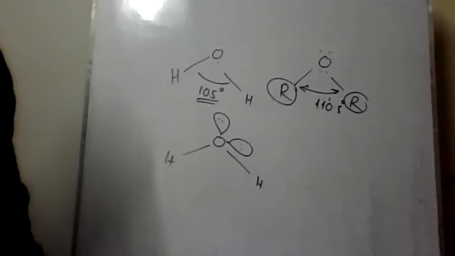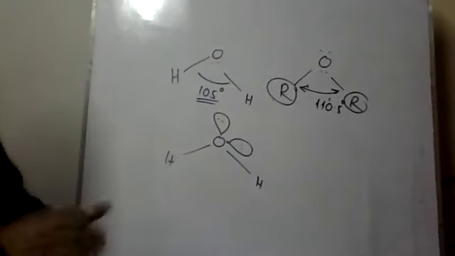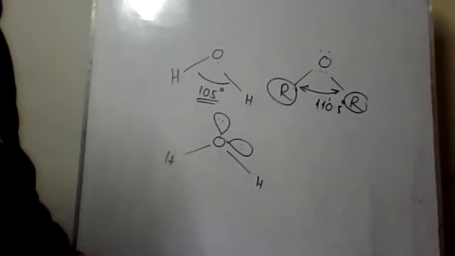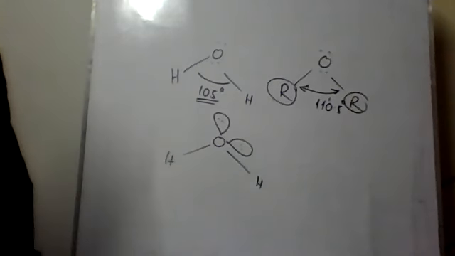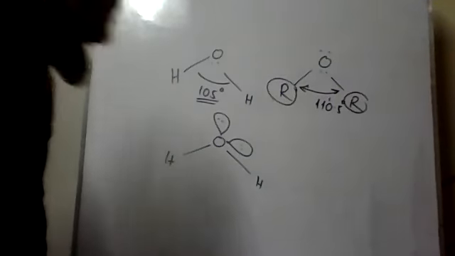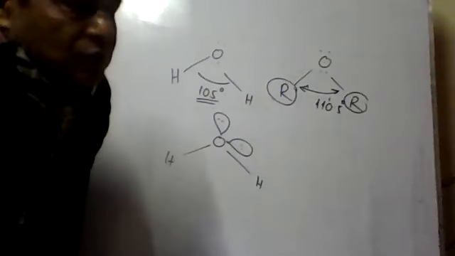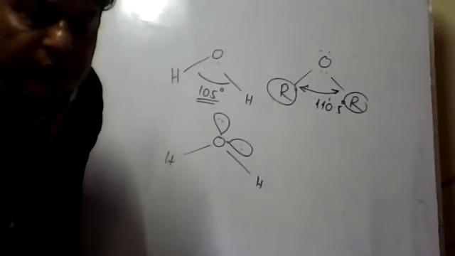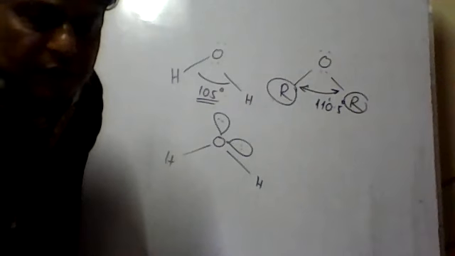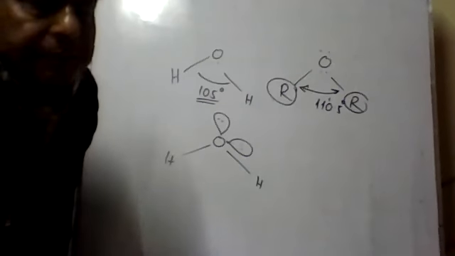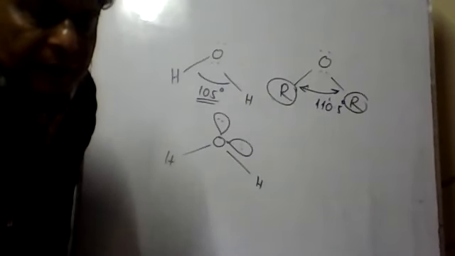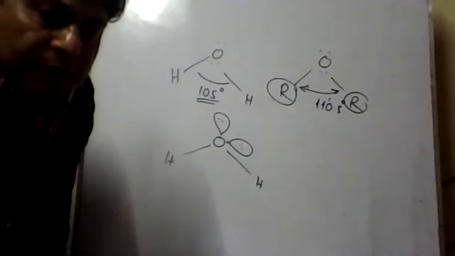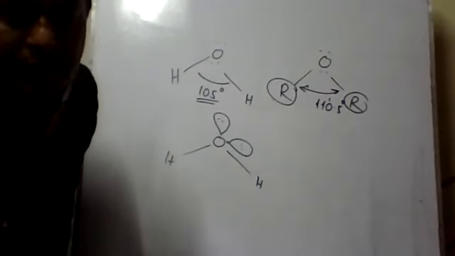That is why I told you ether has a little bit more boiling point due to dipole-dipole interaction, but less boiling point than alcohol, because hydrogen bonding is stronger than normal dipole-dipole. That you have studied in class 11. Weakest force is London dispersion force, that is instantaneous dipole, induced dipole. Then dipole, induced dipole. Then dipole, dipole. Then dipole, dipole with hydrogen bonding. Clear?